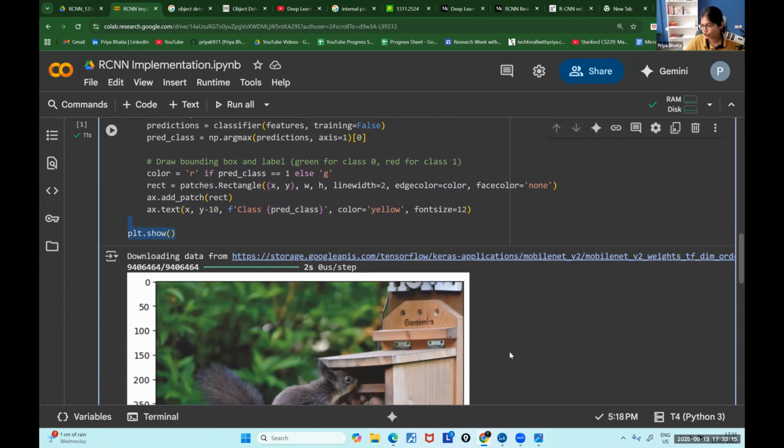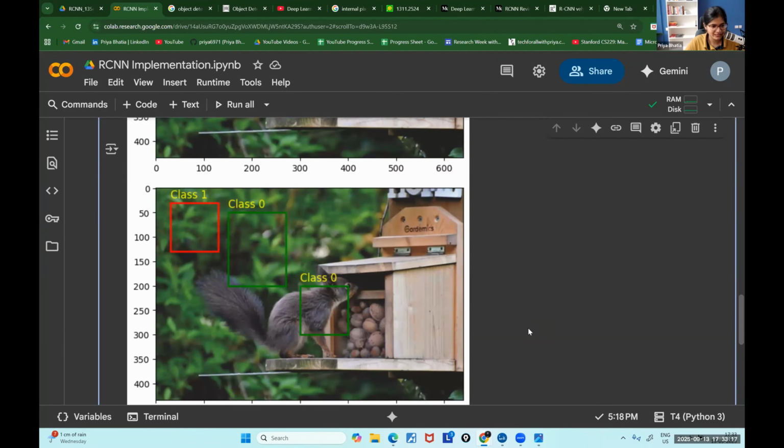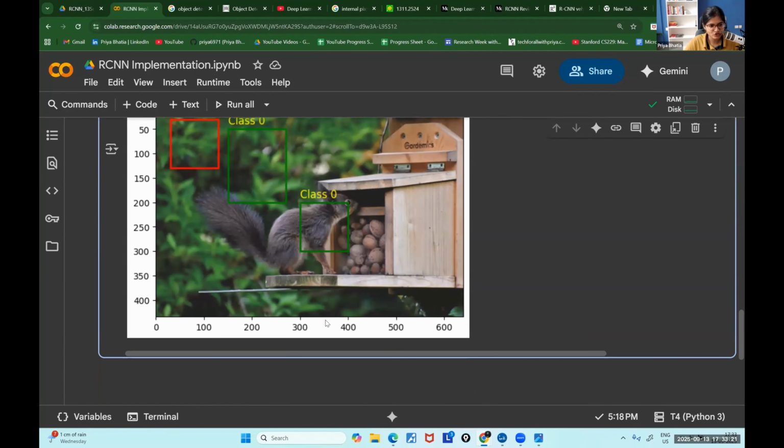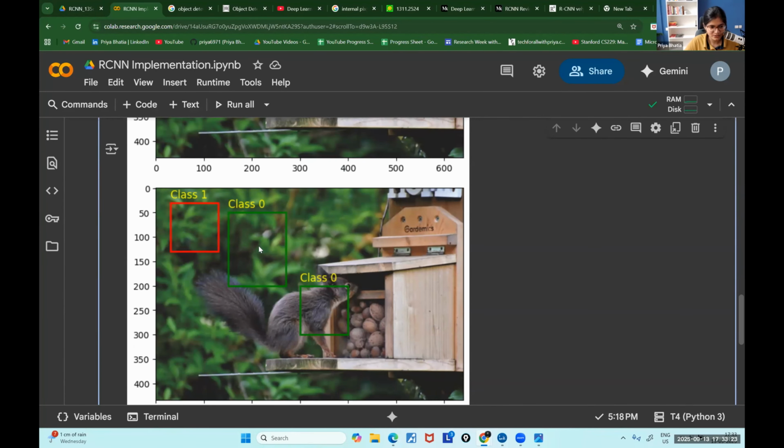When you show this image, you will see that we are getting two classes in this entire image. Class 0, which is represented by the green color, is getting the rat-based data.